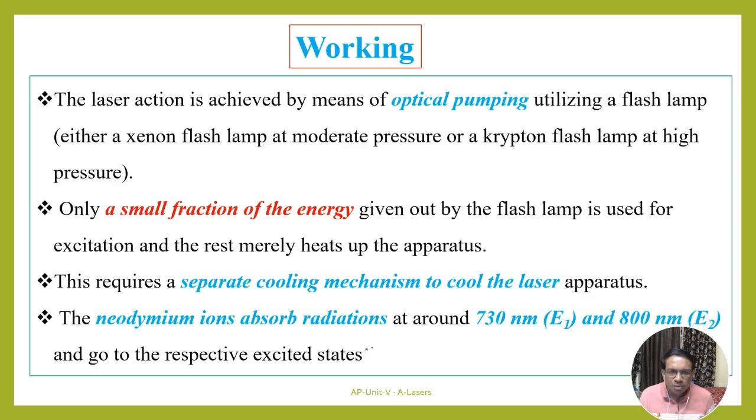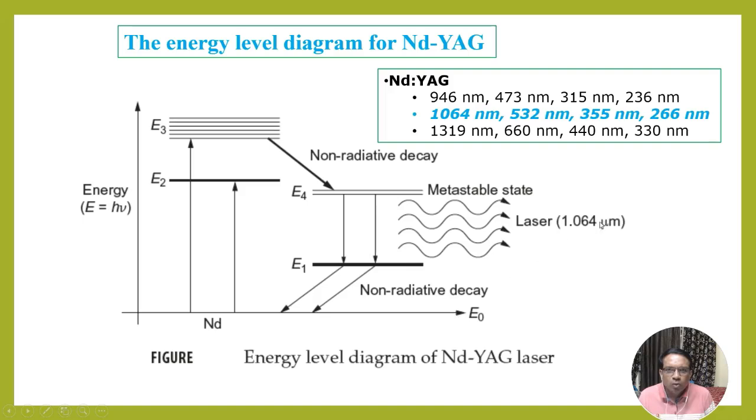Once it absorbs, it goes to the respective excited states. They do not stay there for a long time, and then come to the metastable state. Here we can see the levels E0, E1, E2, E3, E4, right? They go to the excited state, and whenever they come down, they form a metastable state.